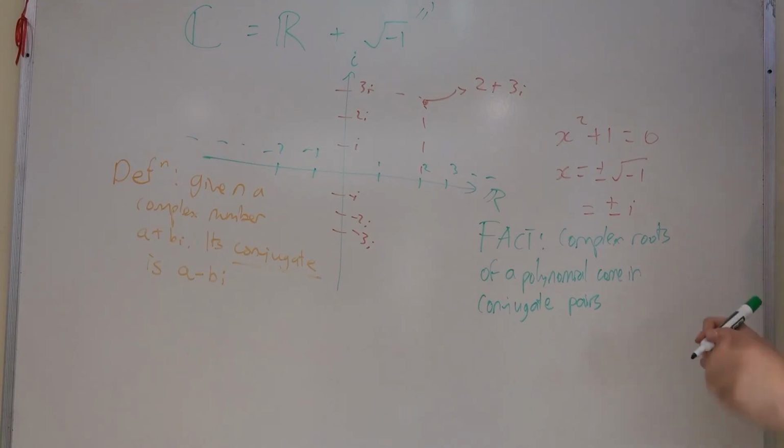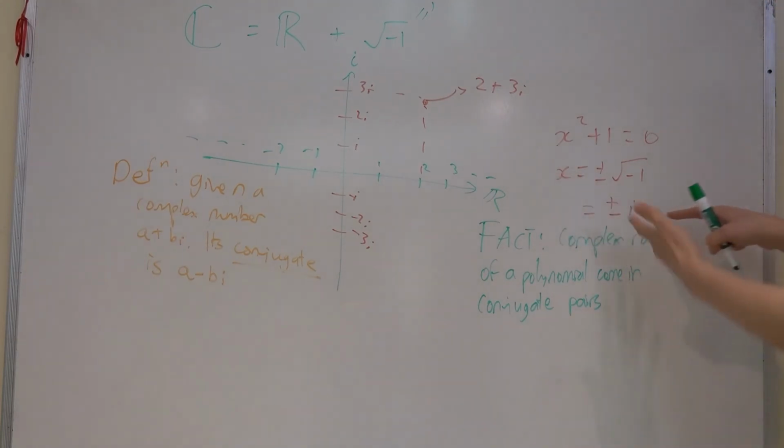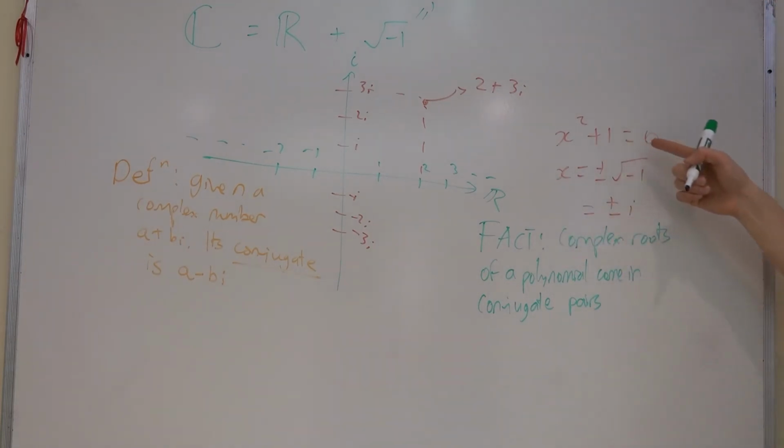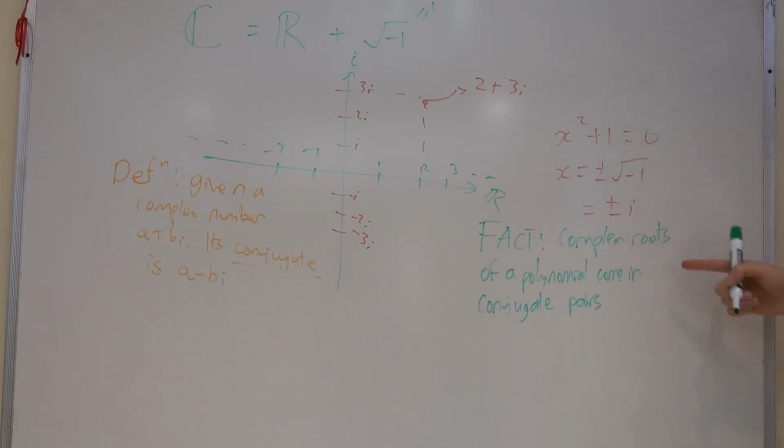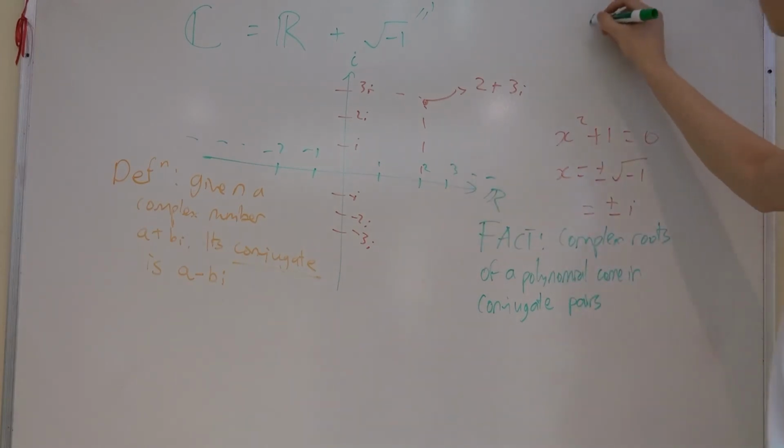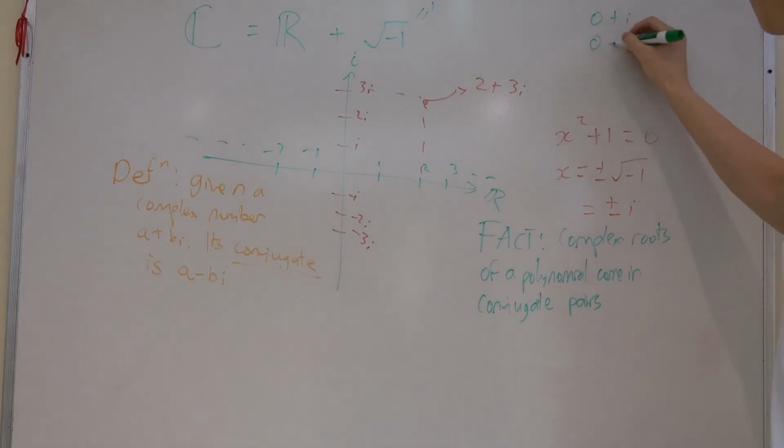Okay? So in other words, here's a perfect example of one, right? x squared plus 1, that's a perfectly fine polynomial. And look at its roots. Its roots are plus and minus i. Okay? Plus and minus i, those are conjugate pairs, right? You can think of plus and minus i as the complex number 0 plus i and 0 minus i.